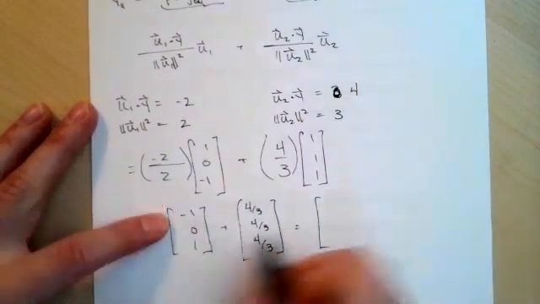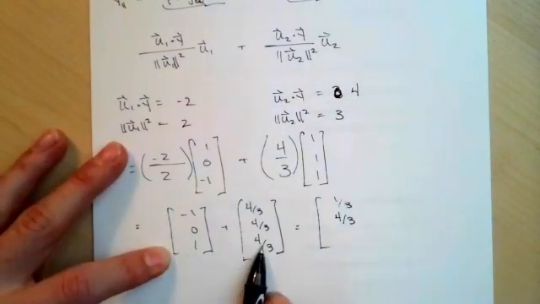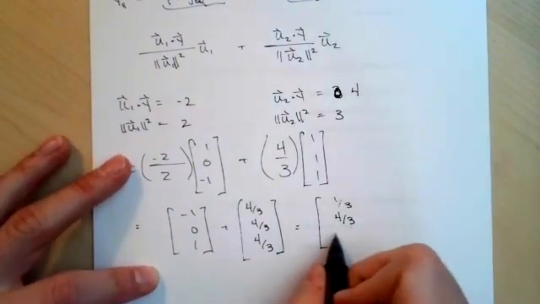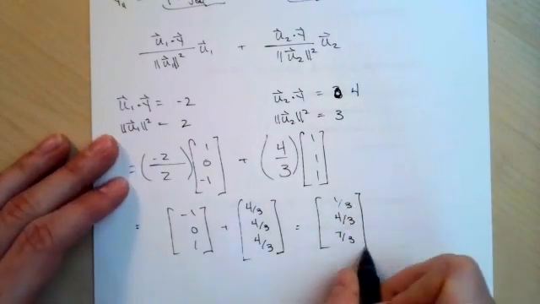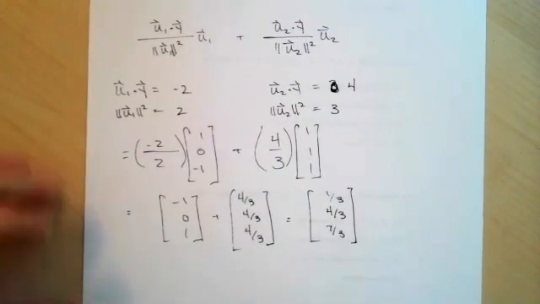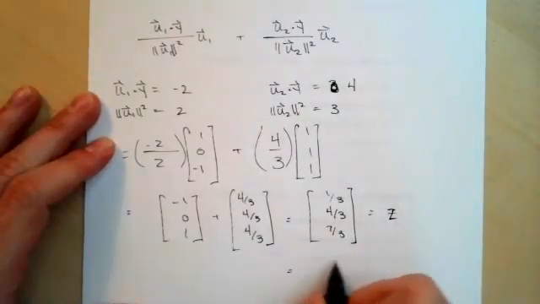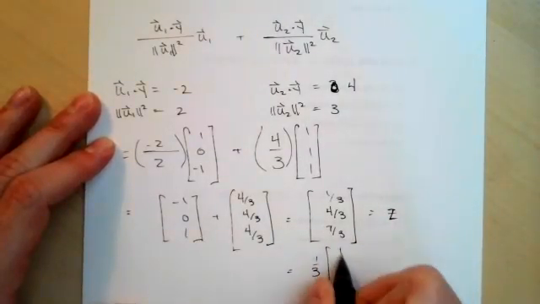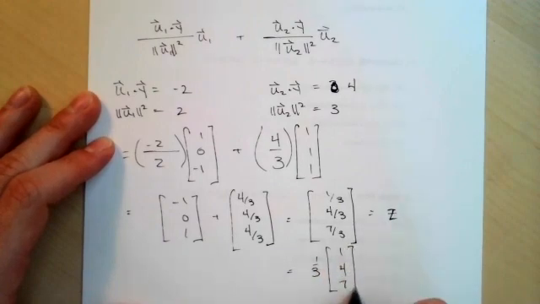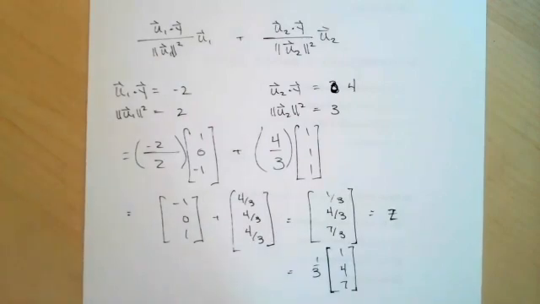And that's going to give us 1/3, 4/3, and 7/3. And so this is our z. Now in this case, the scalar is important. You can write it as 1/3 times (1, 4, 7), but you do need to keep track of that scalar. Even if we ignored that scalar, it would still give us a point on W, but we want the specific point closest to P.